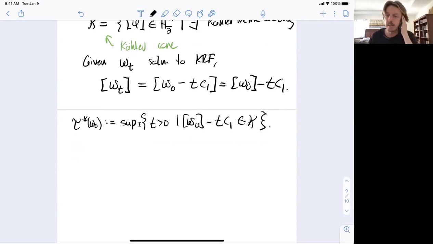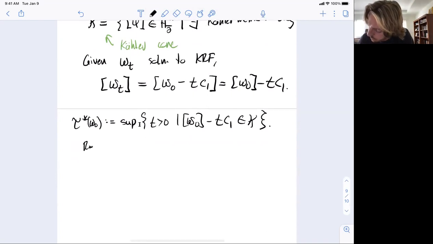Because once the class isn't a Kähler class, something must have gone wrong with my PDE. Or at least as a smooth metric, I can't exist at this time tau star. So that's just a simple remark, which I can summarize as saying, if capital T is the maximal existence time, it will be less than or equal to tau star of omega naught.